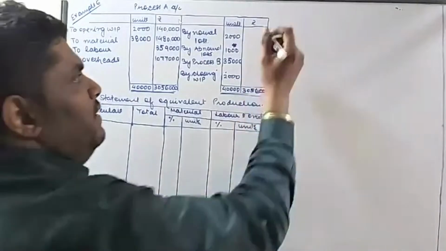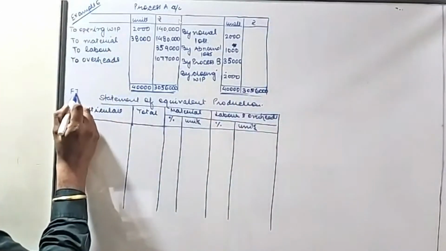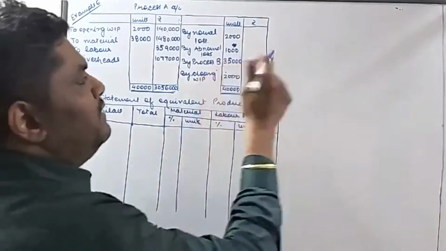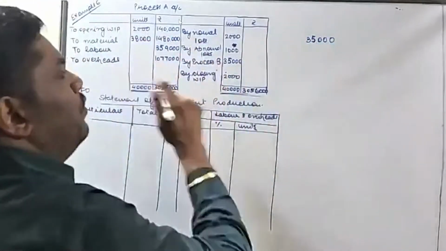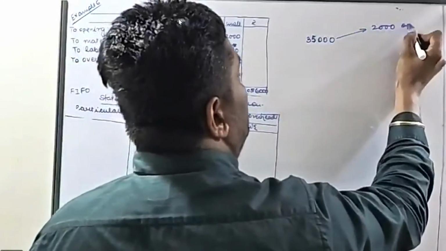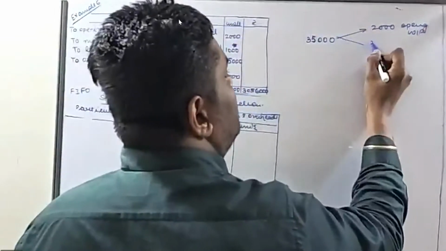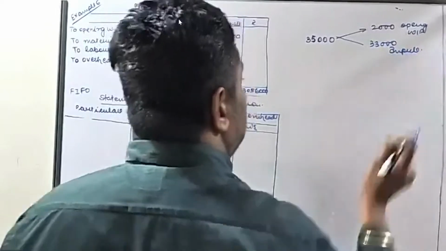So let's start with the statement of equivalent production as per FIFO method. See, total 35,000 units were transferred and 2,000 units were from opening work in progress, and remaining 33,000 will be from the inputs that are made during the year.